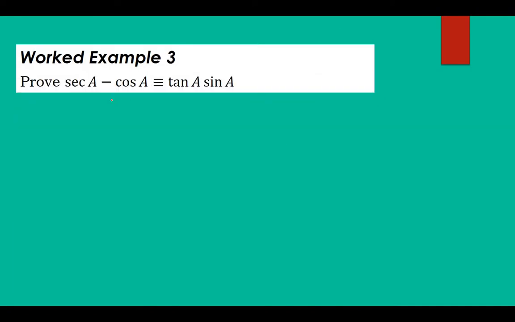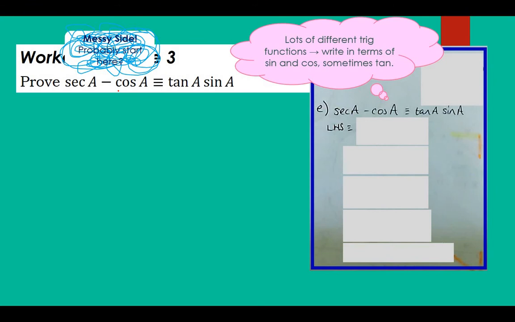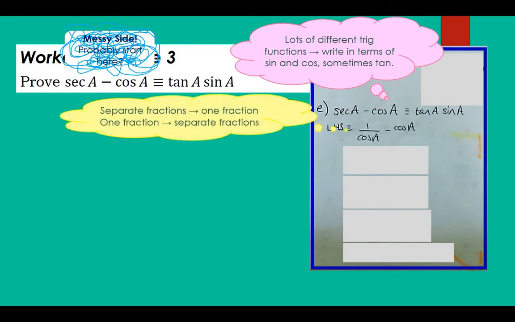Okay, this time you could argue which side is the messiest. I'm going for the left again because it's a subtraction rather than just multiplied terms. And again, we've got things that are in terms of lots of different functions, so I'm going to put them in terms of sine and cos. Okay. So sec is 1 over cos.